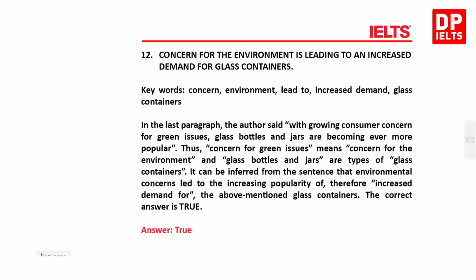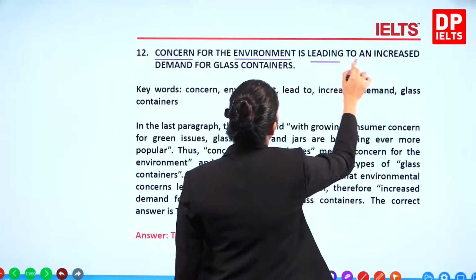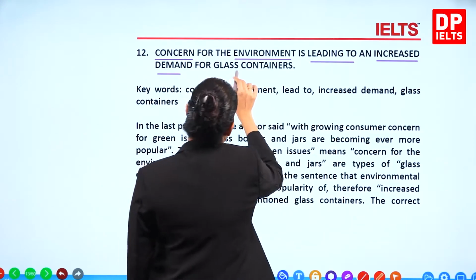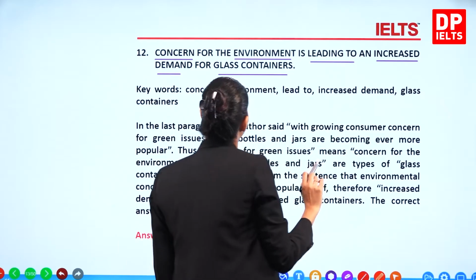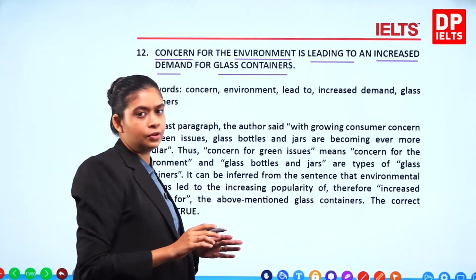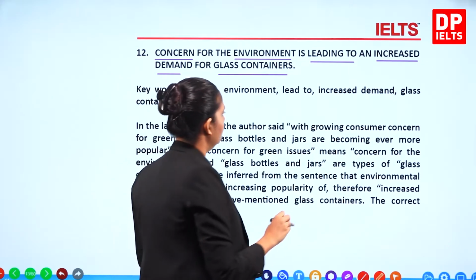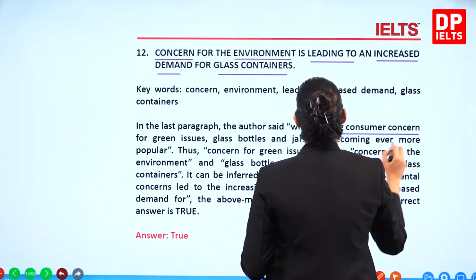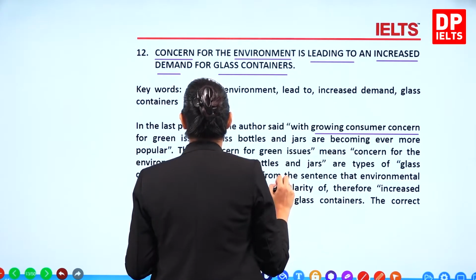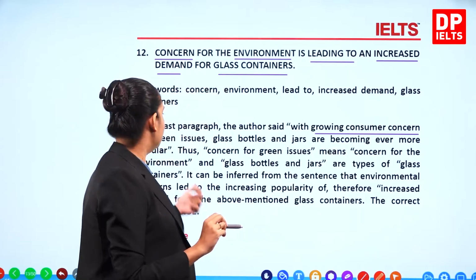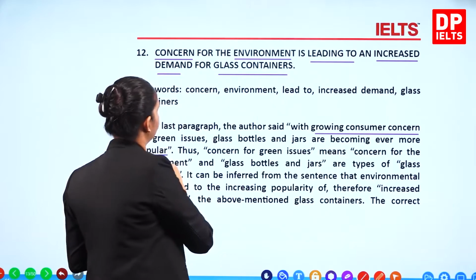Question number 12. Concern for the environment is leading to an increased demand for glass containers, right? So, if you come to the last para, the author said, with growing consumer concern for green issues, glass bottles and jars are becoming even more popular, right?